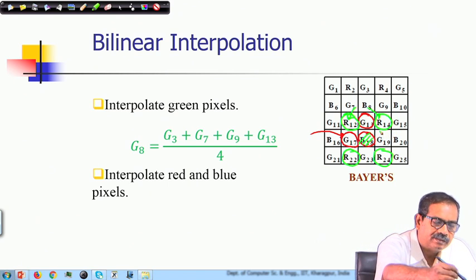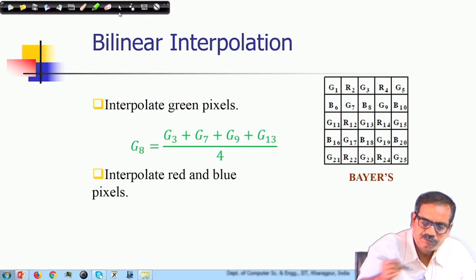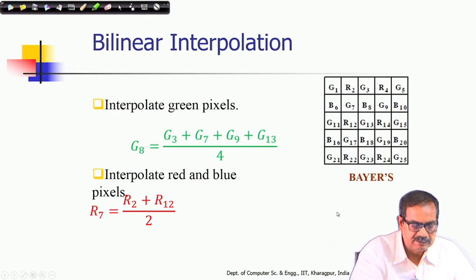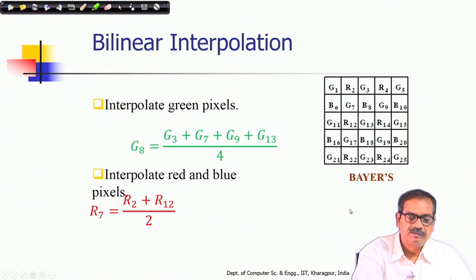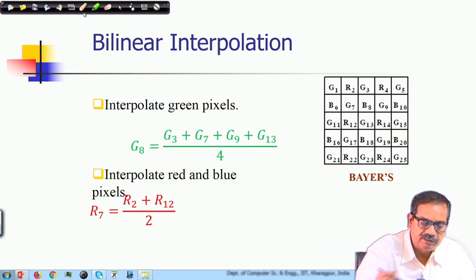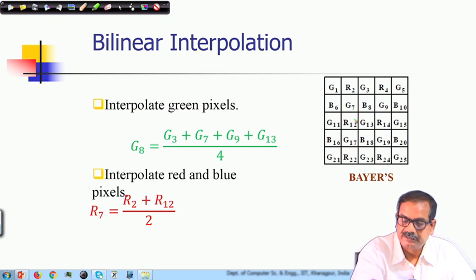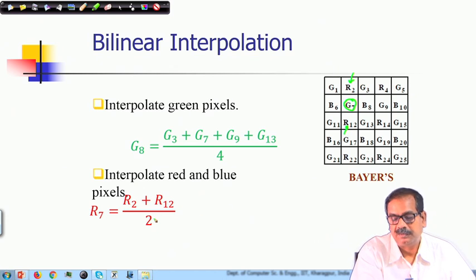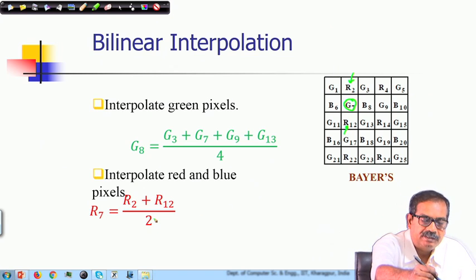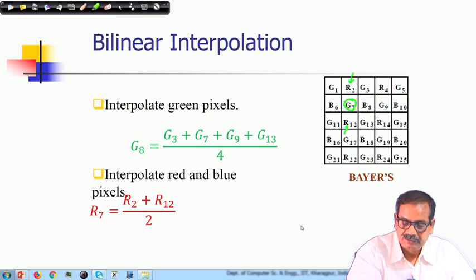Let us see these expressions. As I mentioned, consider the location G7. This is a blue row and green column location. So, you get the top neighbor and bottom neighbor, R2 and R12, and you divide by 2, that is averaging of those two values.